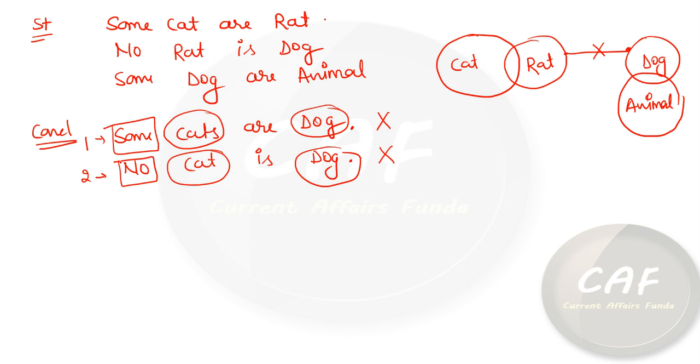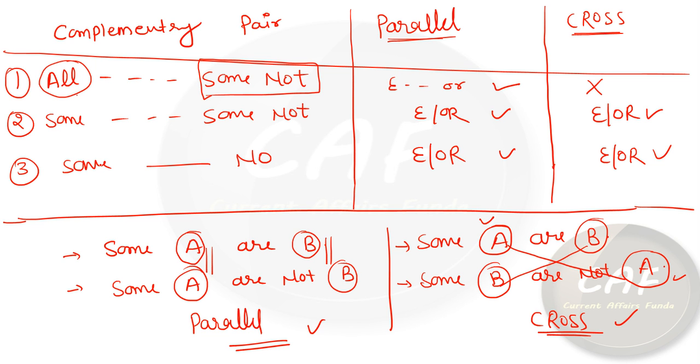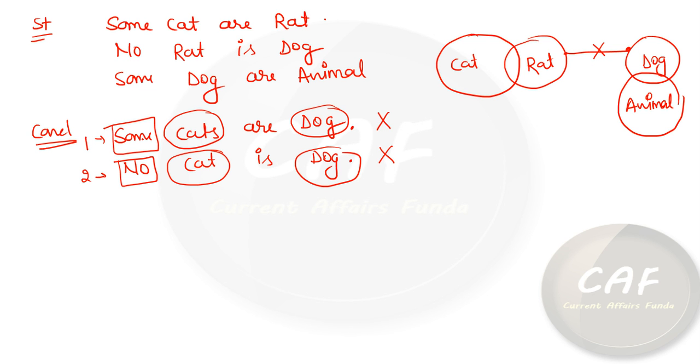Some plus no will make either-or. Yes, this works for either-or in parallel as well as in cross. Subject and predicate are common here, and these two conclusions do not follow. So we can say either the first or the second follows.